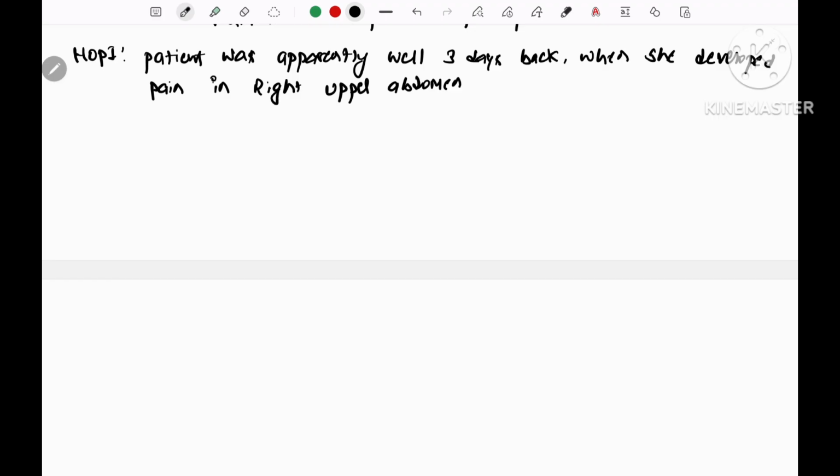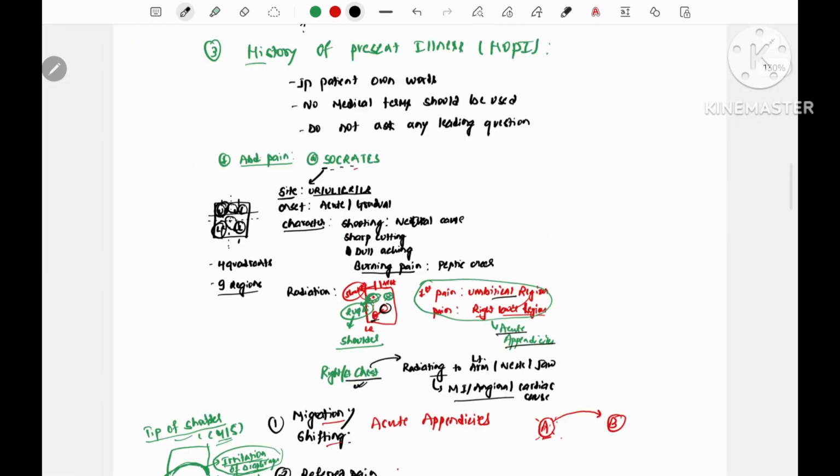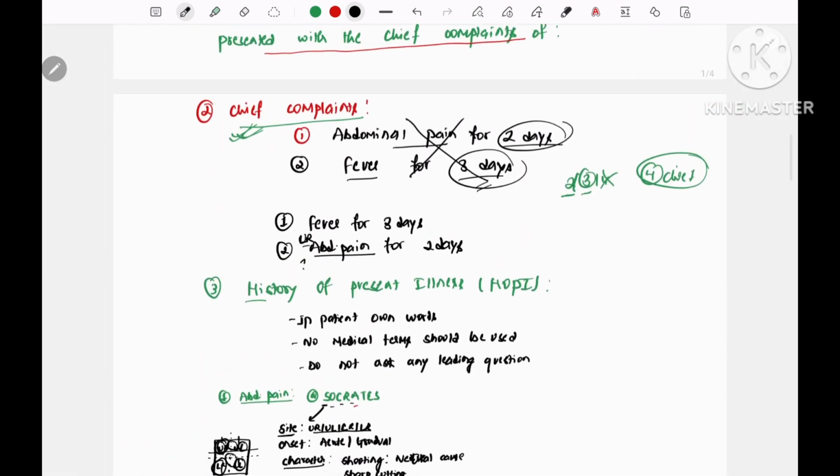We write this point in every history of present illness. We are talking in a similar manner to these chief complaints.